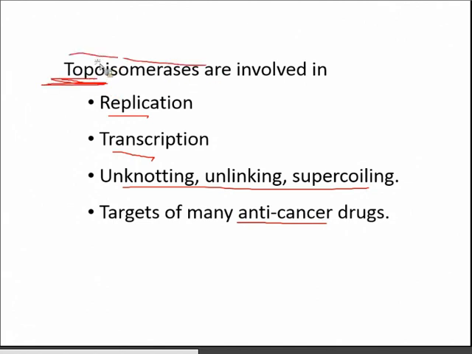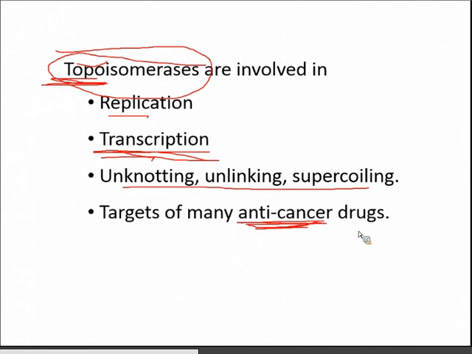Topoisomerases are very necessary for replication and transcription, and so if you want to hurt your bacterial cells or your cancer cells, especially your cancer cells which are rapidly replicating, then if you slow down the topoisomerase, that can kill your cancer cell, as well as hair cells and stomach cells that are also replicating, and thus you can also get these side effects from your antibacterial and anti-cancer drugs that are affecting the topoisomerases.